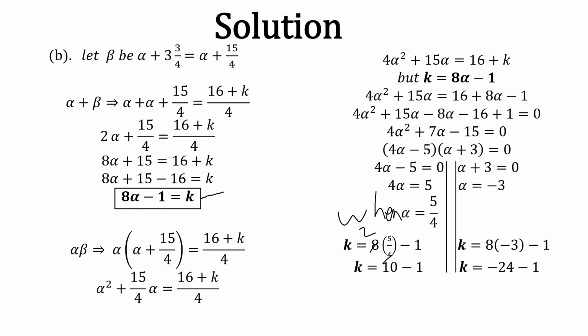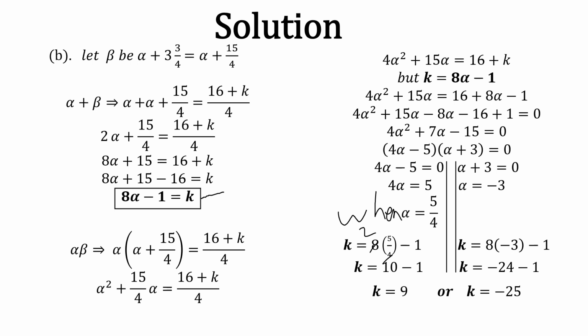Let's come to this side too. When alpha is equal to minus 3, k is equal to 8 times minus 3 minus 1. K is equal to minus 24 minus 1. K is equal to 9 on this side, and k is equal to minus 25. So when alpha is equal to 5 over 4, k is equal to 9.